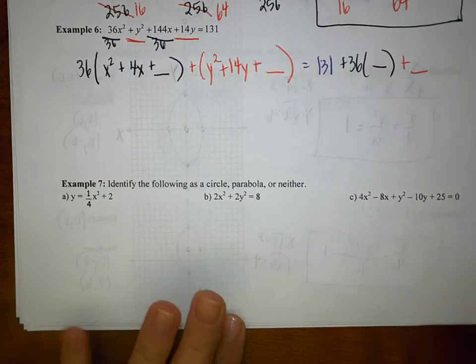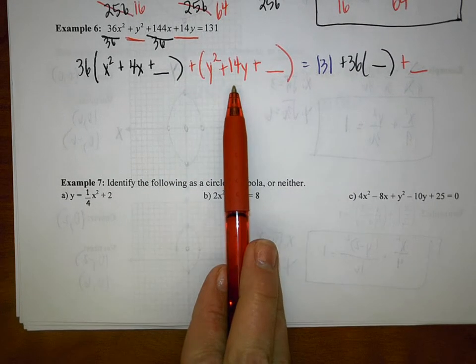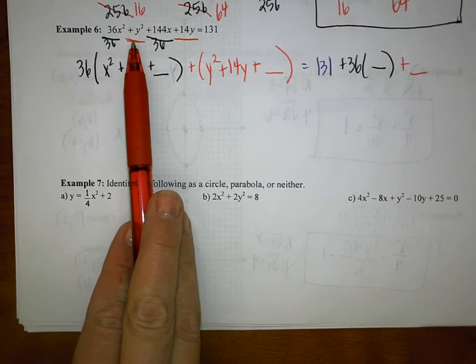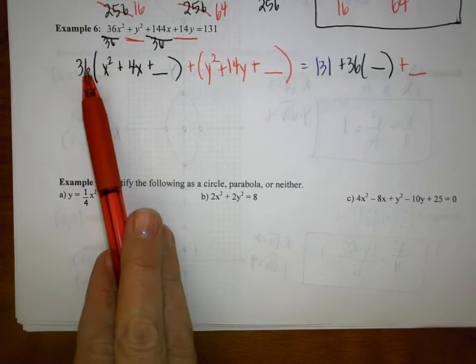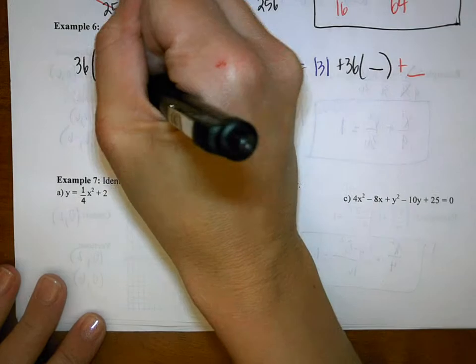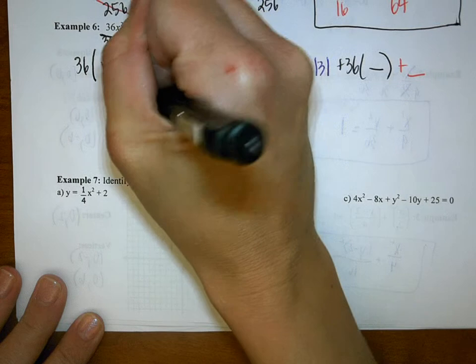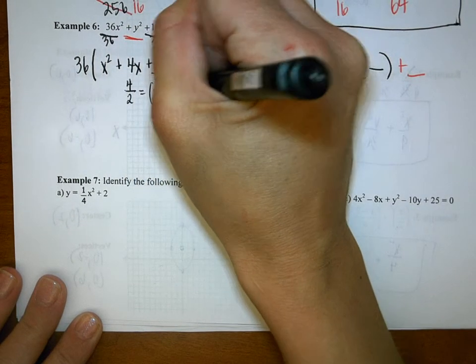Do we all understand why we don't have a number in front of the y squareds? Because there wasn't a number in front here. With the x squareds, we took out a 36 because we're always taking out whatever number's in front of the squared term. Now what am I going to do? Find out your blank. So 4 divided by 2 is 2, and 2 squared is 4.